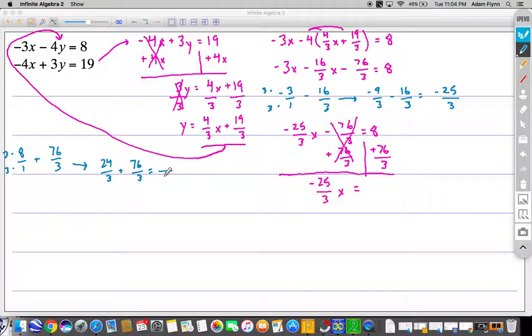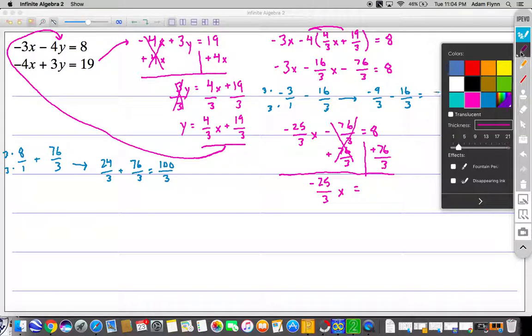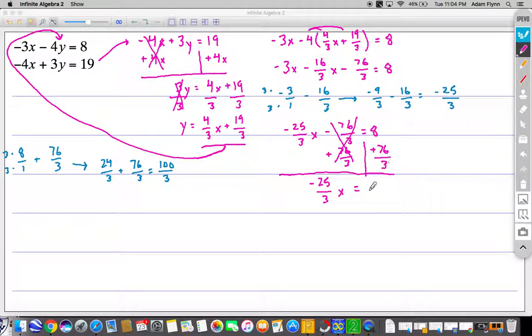Okay, our denominator will stay the same, and we've got 24 plus 76, which will be an even 100. So I can replace this right side over here with 100 over 3.